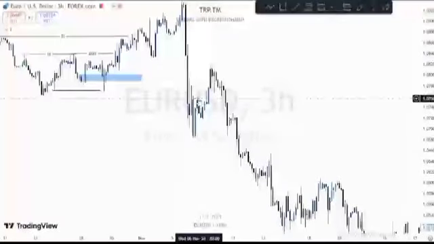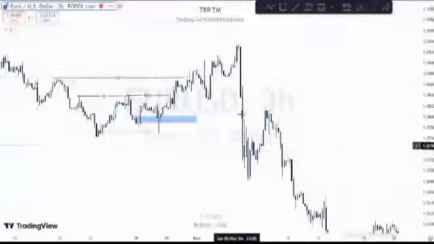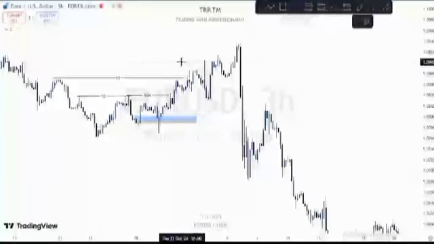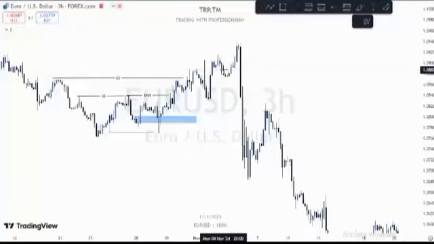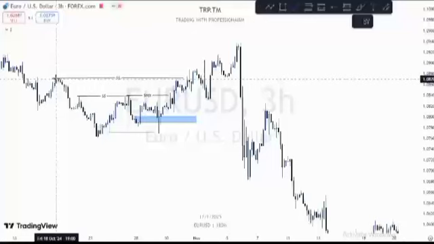Yeah, so the breaker block entry, we see a break off here. Sorry, let me just clean all this.